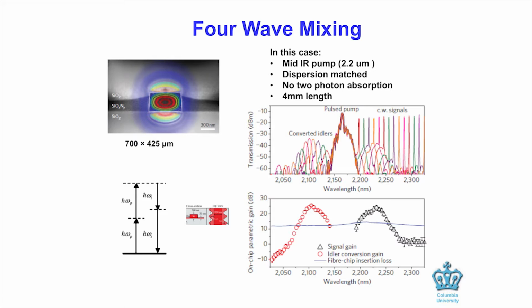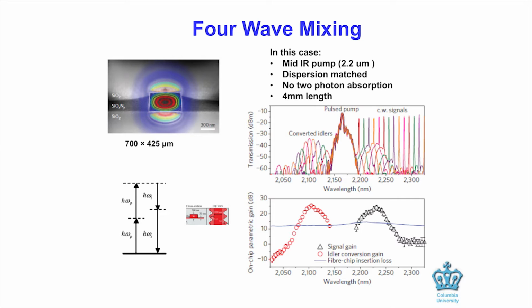I won't go into this too much, but this is the butt end of a silicon waveguide right here. We're surrounded by some nitride. And with 4-wave mixing, this is a degenerate one, so you have two photons of one type. Then you have a signal and an idler.